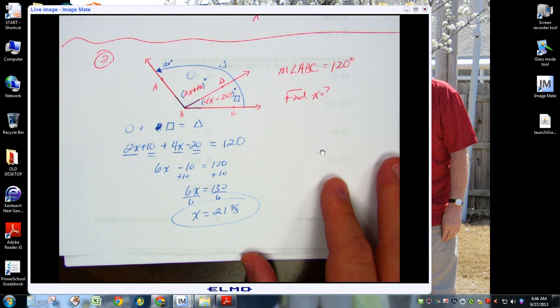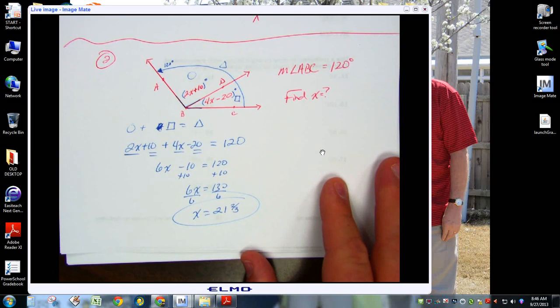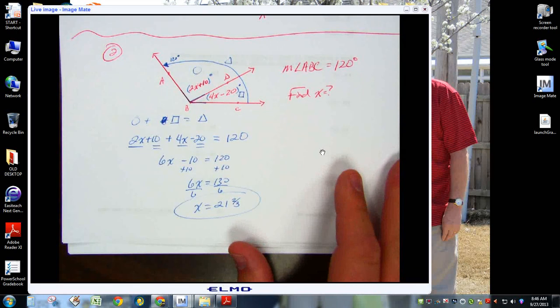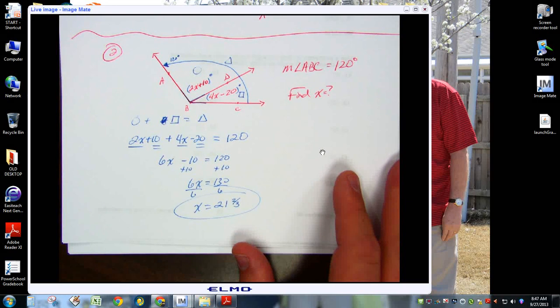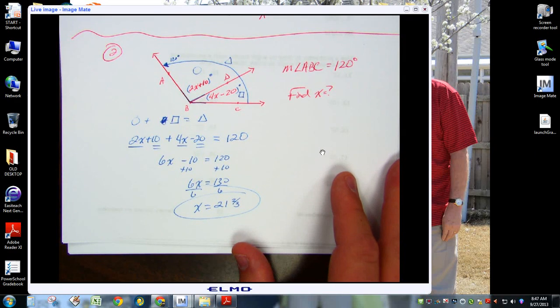Well, 21.666 repeating. Okay, it's 21 2/3. But use the a b/c button, it'll keep it as a fraction. So do 130 and then press the a b/c button, and then put 6 and then equals.